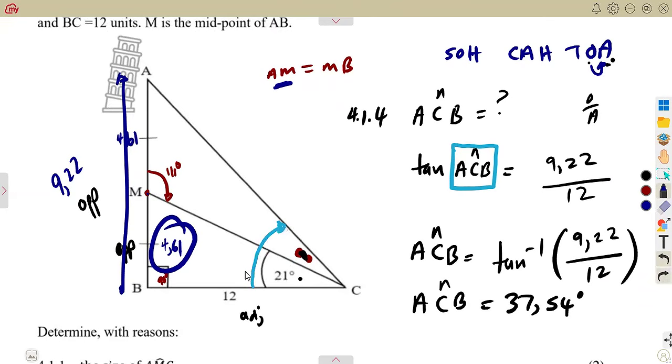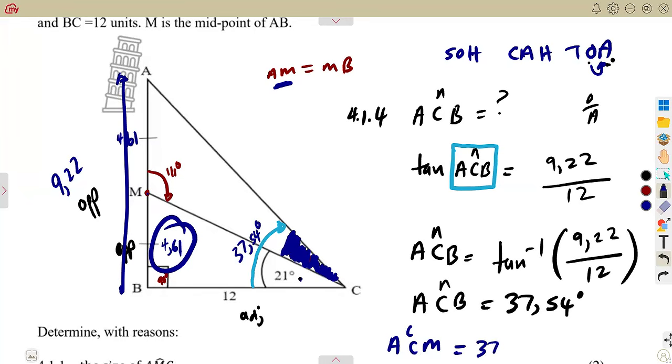So if the whole of this angle is 37.54, what about this one remaining in between, which is our ACM, the one that we are being asked? What is going to be ACM? ACM is simply the difference: the whole angle of 37.54 minus this 21.